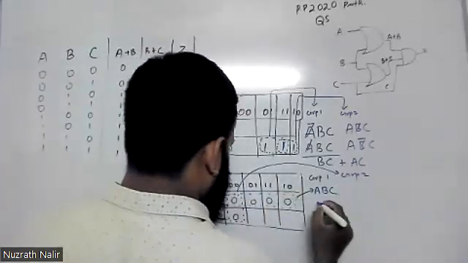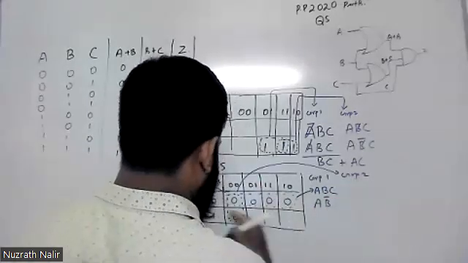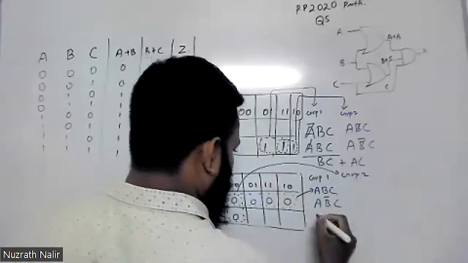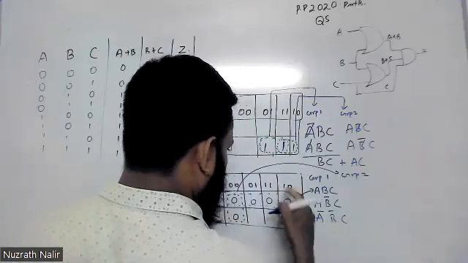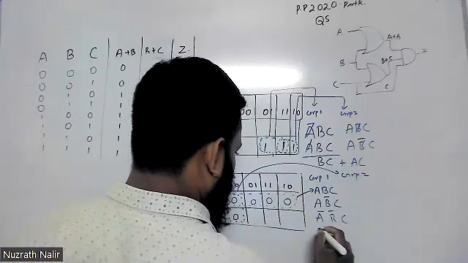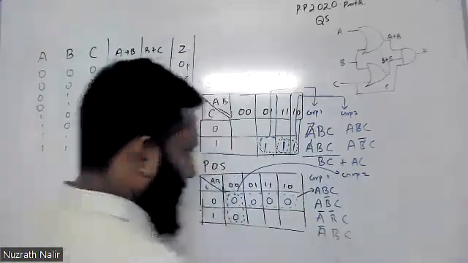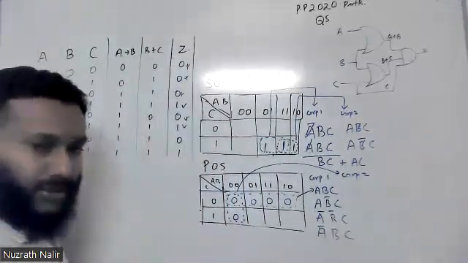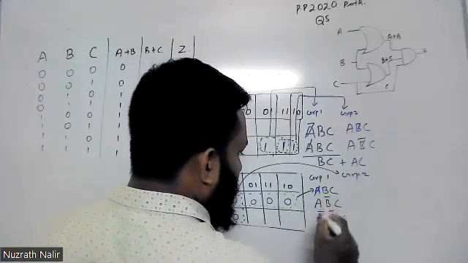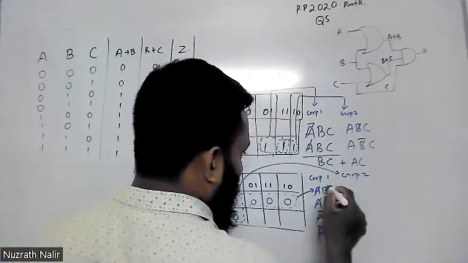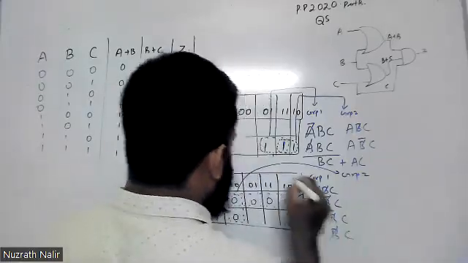So the second one A, B bar and C, and A bar, B bar and C, and the fourth one A bar, B and C. So this is your answer. So you can simply cut it off A and A, and for the B and for the B. So finally, the C is the answer.